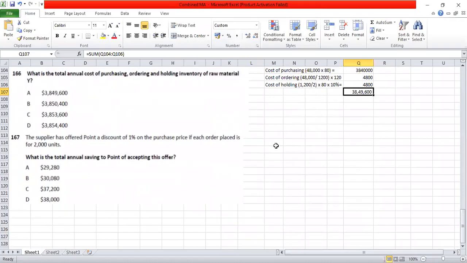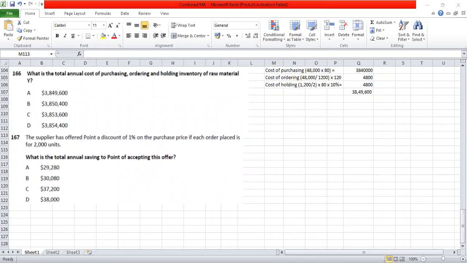Then we have question number 167. 167 says the supplier has offered a discount of 1% on the purchase price if each order placed is for 2,000 units. What is the total annual saving on accepting this offer? See, when it is calculated that the EOQ is 1,200, it indicates that if they purchase in the quantity of 1,200 per order, it is economical.